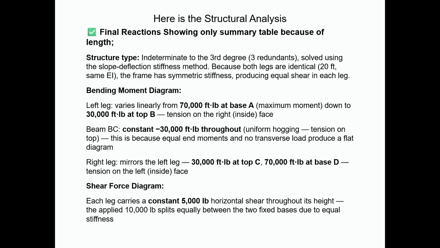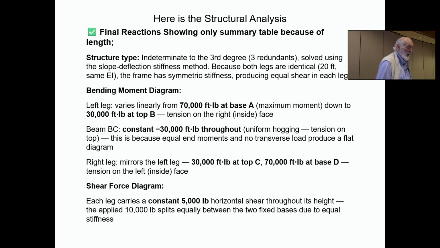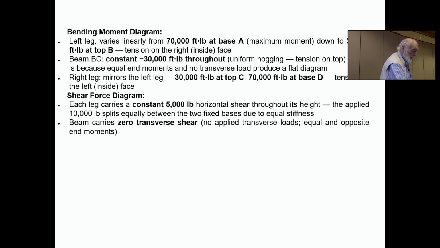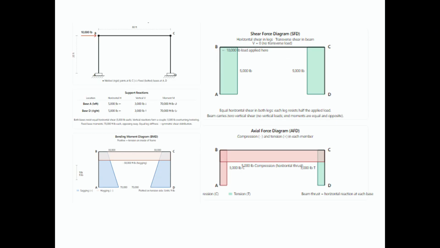Bending moment diagrams. And not only did it give me a printout, I'm going to skip over that. It told me what the axial forces and so on and so forth were, and provided me with bending moment diagrams. So, really quite complete.